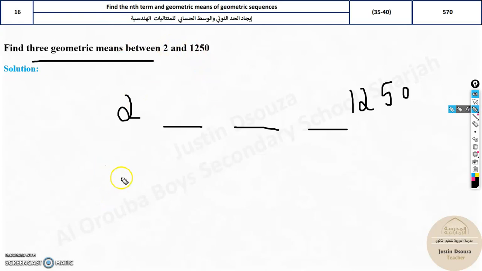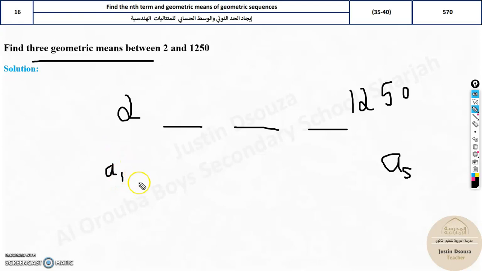Now, this is your starting term or the first term, a_1. Since there are three geometric means, you can count 1, 2, 3, 4, and 5. So this is your a_n or a_5, and we need to find the remaining terms. But how can you find the terms without knowing the common ratio?